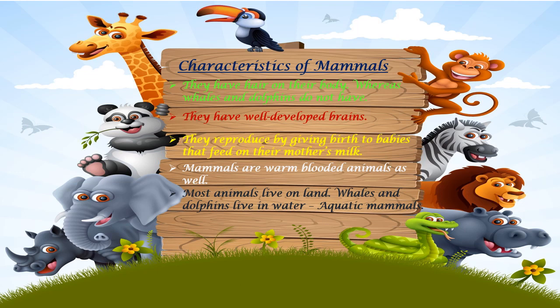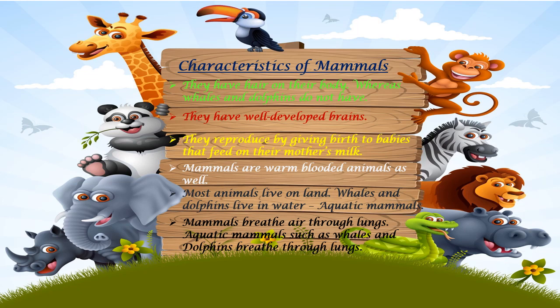And the next important characteristic is that mammals breathe air through lungs. Aquatic mammals such as whales and dolphins breathe through lungs. Even they possess lungs, but you might have asked a question, right? How do they live inside the water? The fishes use gills, but whales and dolphins possess lungs.